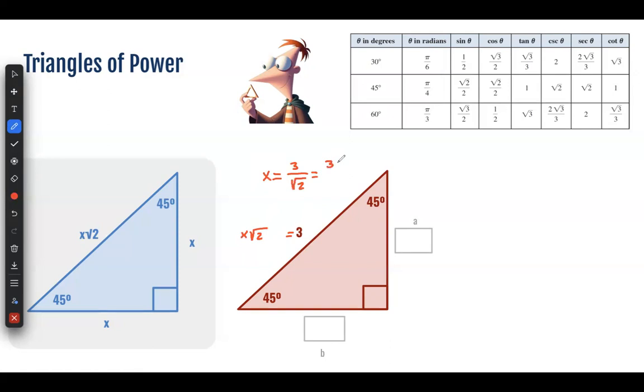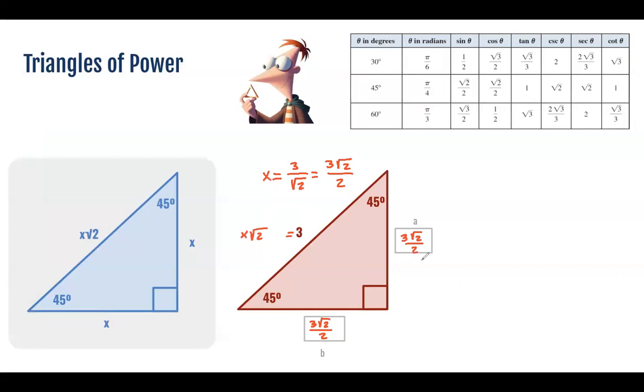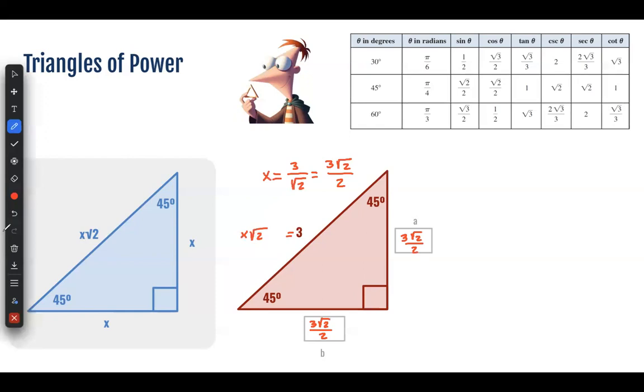If we rationalize that answer, that's going to be 3 times the square root of 2 over 2. So if we know x, we already know that this side is 3 times the square root of 2 over 2, making this side as well 3 times the square root of 2 over 2. Because two sides are the same, this is going to be faster once you know x.